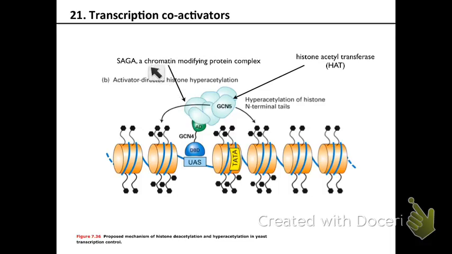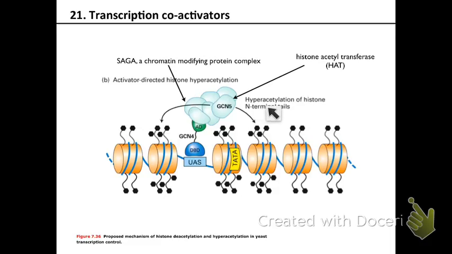It is called a chromatin modifying protein complex because it has a subunit called GCN5 that is an acetylase that acetylates the histone tails around where it binds. Okay? Where the acetylation of the tails occurs, if there's hyperacetylation, hyper means lots, right?